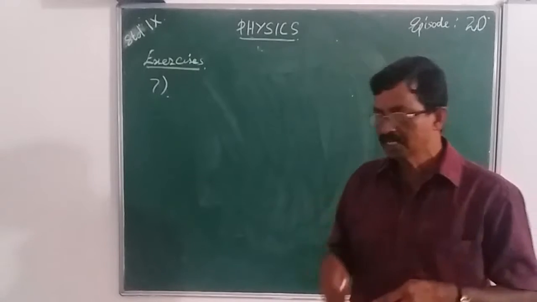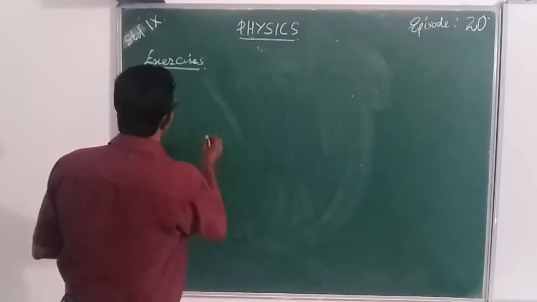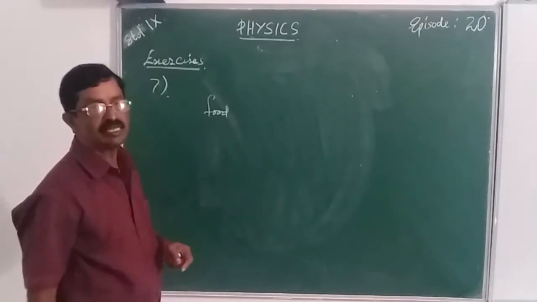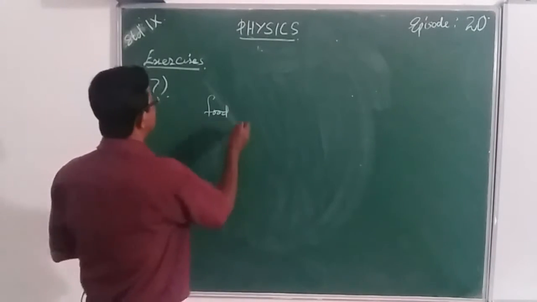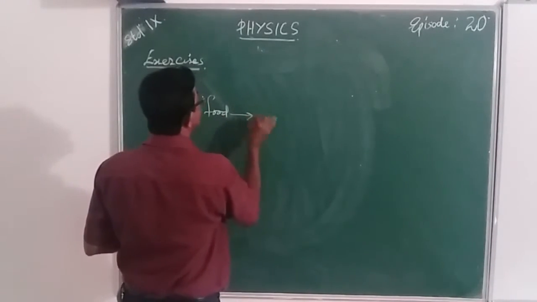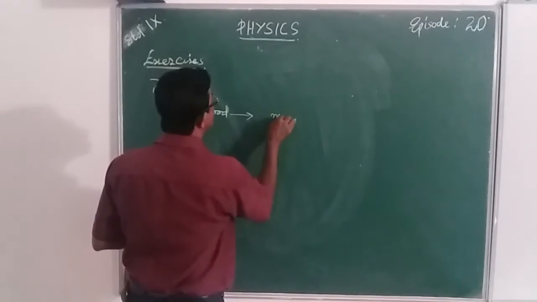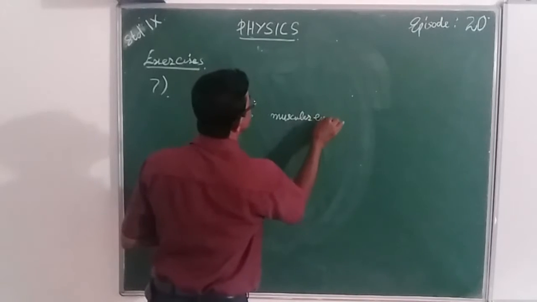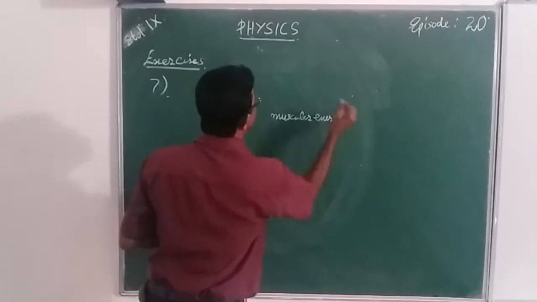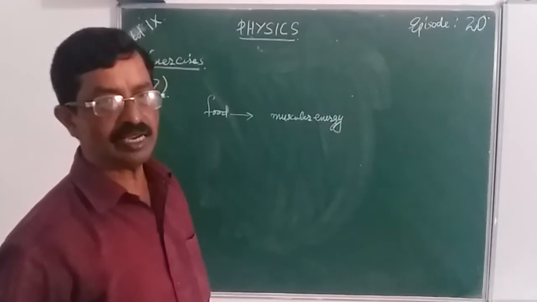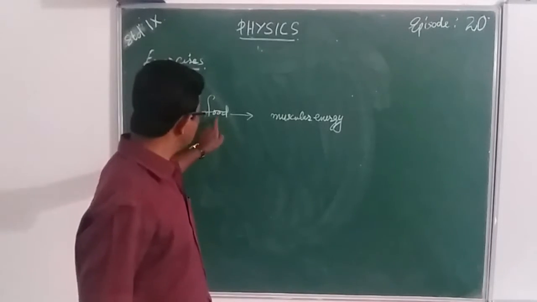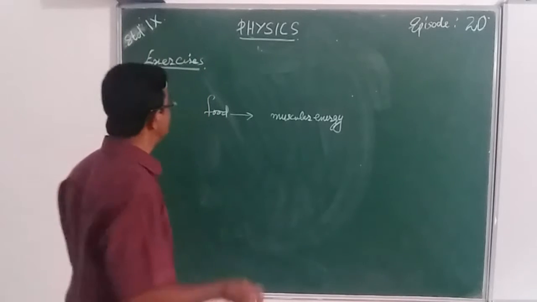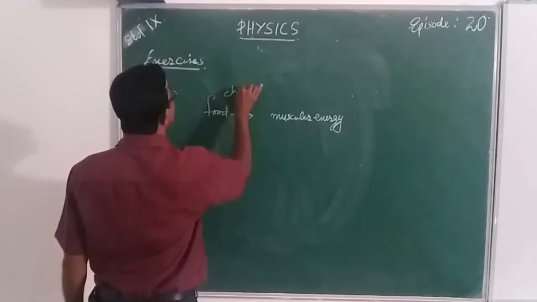That means we eat food, and from this food we get muscular energy. In the food, what kind of energy is present? In the food, there is chemical energy.